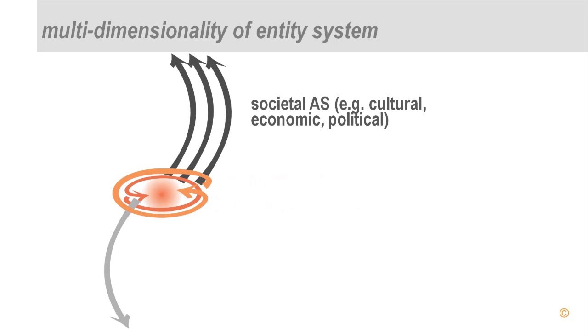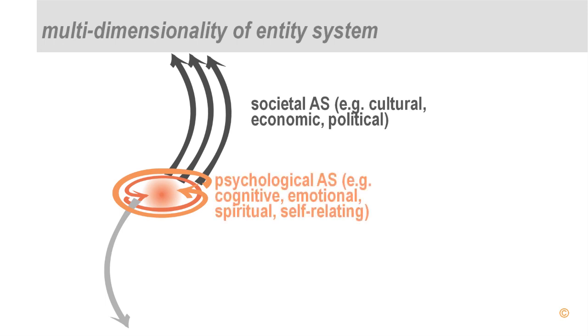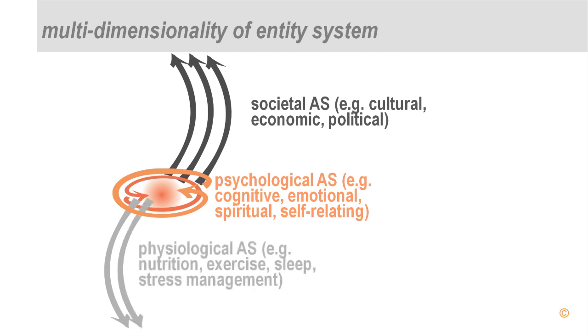It would also have psychological activity systems and physiological activity systems like nutrition, exercising, and then various physical and biological activity systems. This makes an entity system multidimensional.